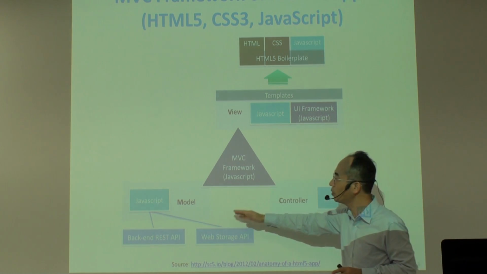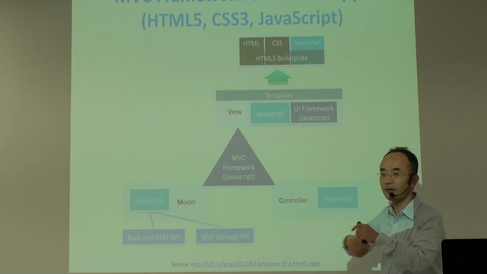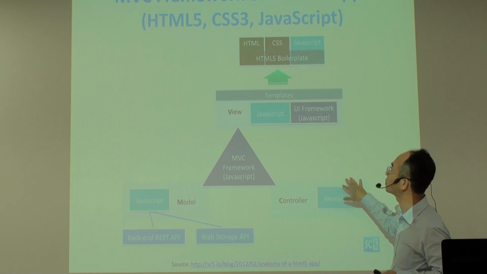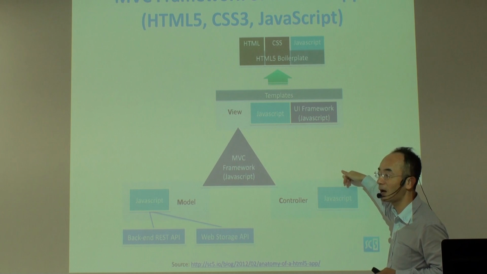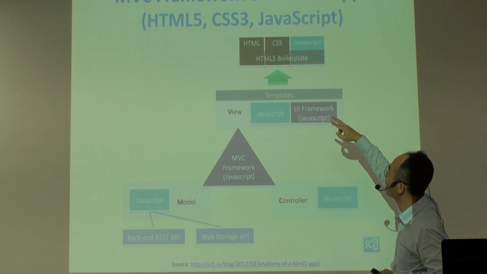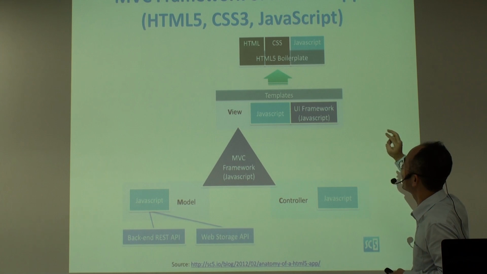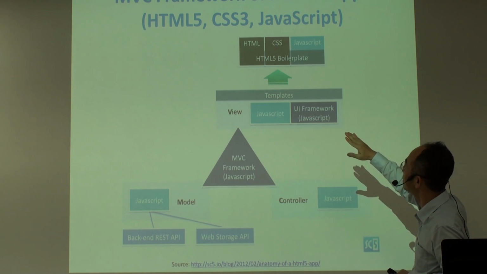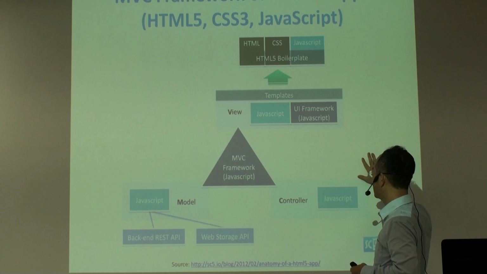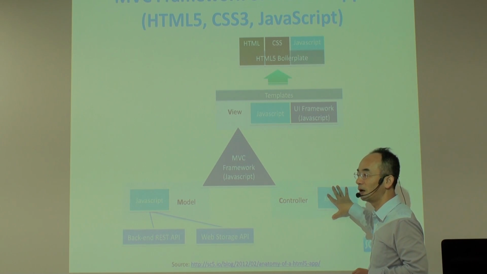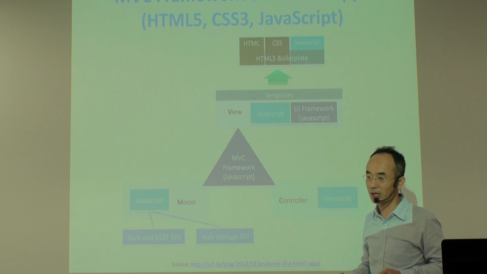So model view controller for connecting is business logic using JavaScript. But on top of this MVC, there is the HTML5 boilerplate. You can use HTML, CSS, and JavaScript. So this is the MVC in the context of mobile web applications.